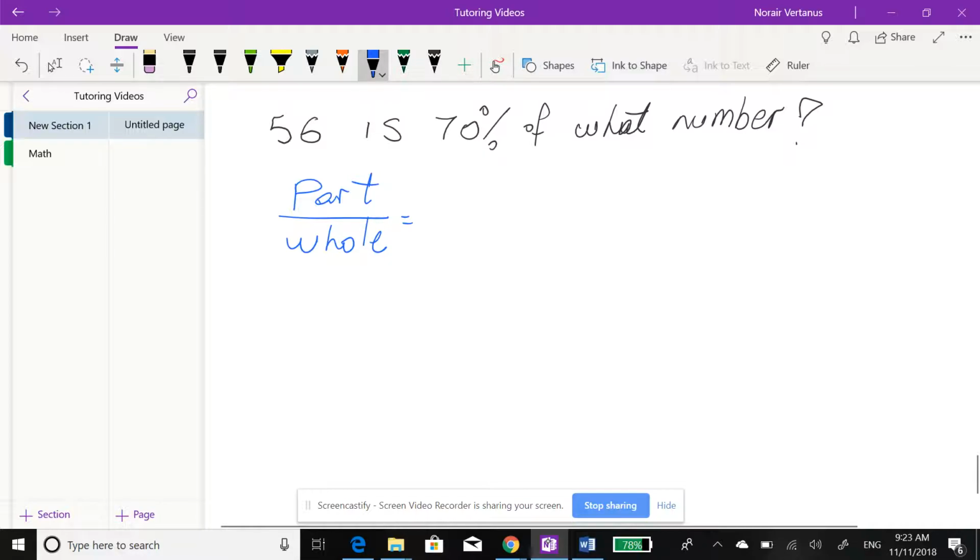And we know, if you watch the earlier videos, when you want to convert that to percent, so what percent that is, you need to have something at 100, right?